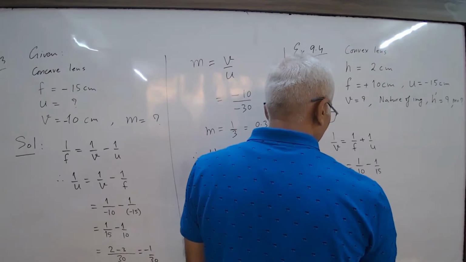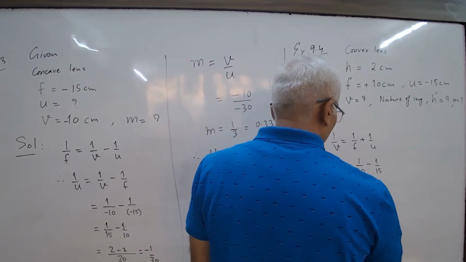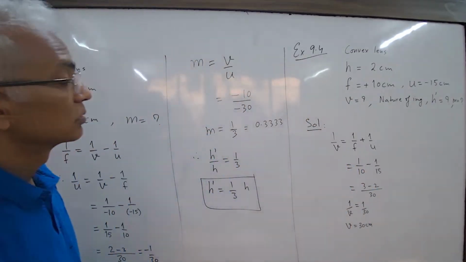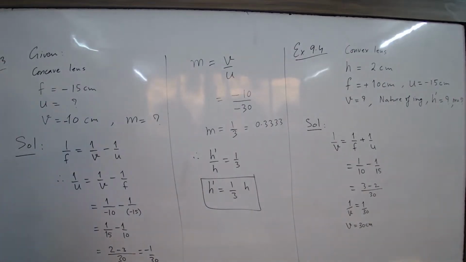V is 30. Is this correct? V is 30 centimeter.